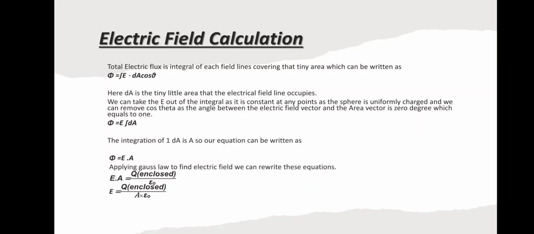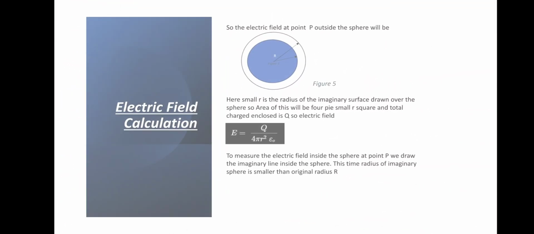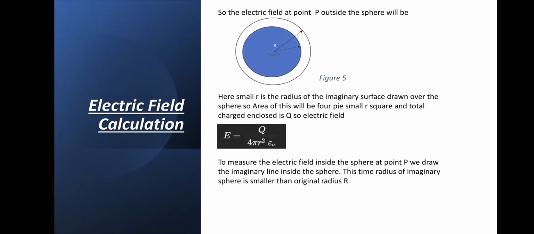Applying Gauss's law to find the electric field, it can be rewritten as E equals Q enclosed over area times epsilon naught. The field at point P outside the sphere will be as shown in the diagram below.